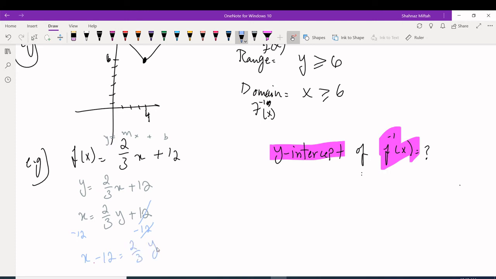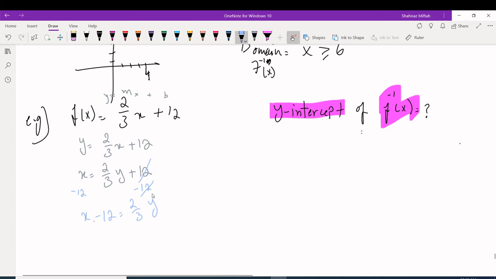Now I have to get rid of this 2/3 so I can get the y by itself, and it should look like y equal mx plus b. So I'm going to times 3 over 2. Always multiply by the reciprocal. You multiply the reciprocal with this one too. They cancel out, and I'm left with y equal 3x over 2, then 3 halves times negative 12.